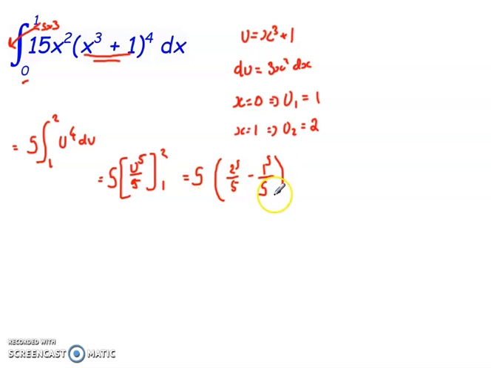I can multiply in the bracket by the 5 and cancel out the over 5s, which leaves 2 to the power of 5 minus 1 to the power of 5. We know that 2 to the power of 5 is 32, so 32 take away 1 gives me 31. So the value of my integral there is 31.